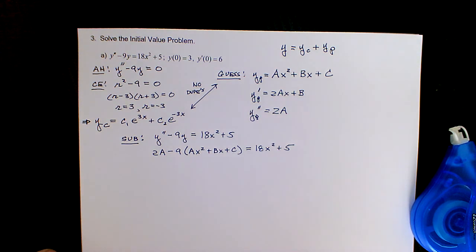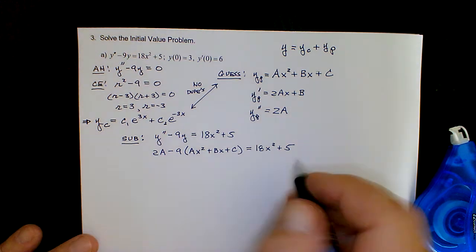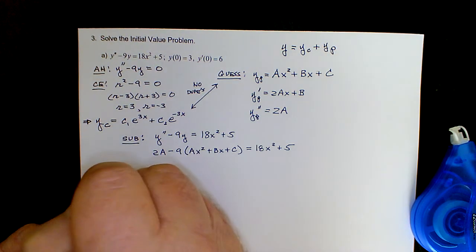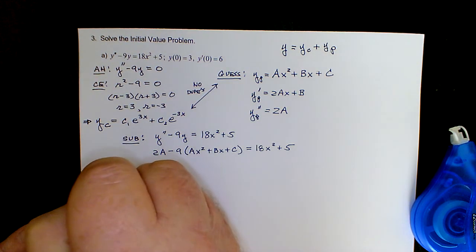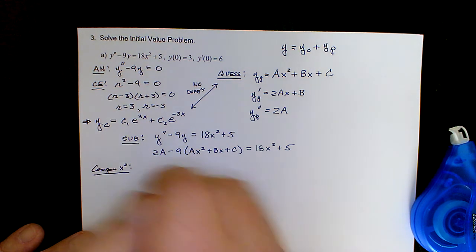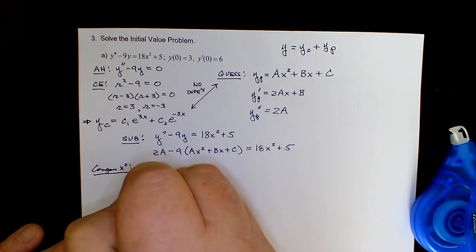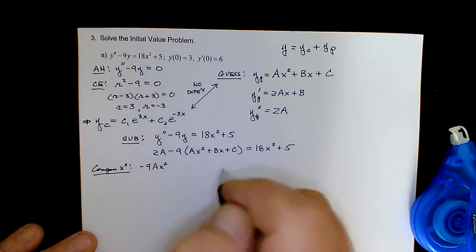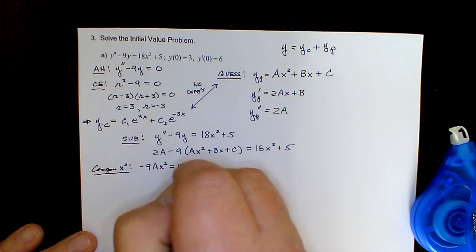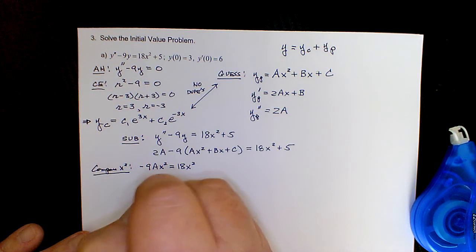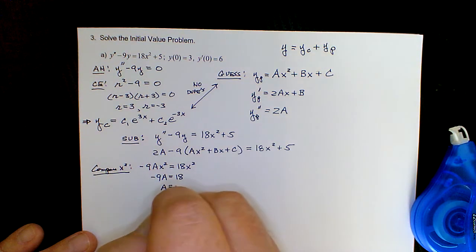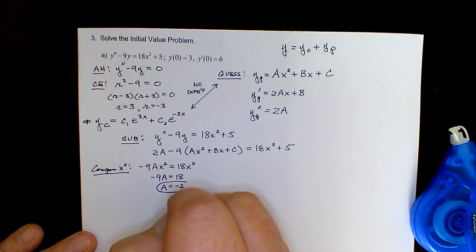And so at that point, we could start comparisons. So compare the x squareds. Here we have negative 9ax squared, and that's the only thing on the left, equaling 18x squared. So divide out the x squareds. Negative 9a is 18, and a is negative 2.